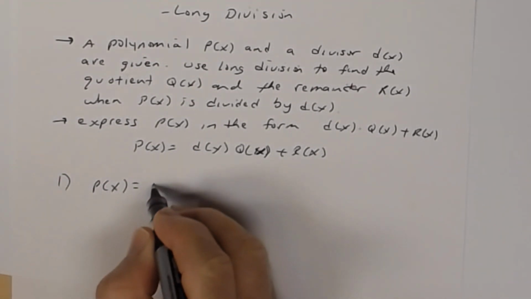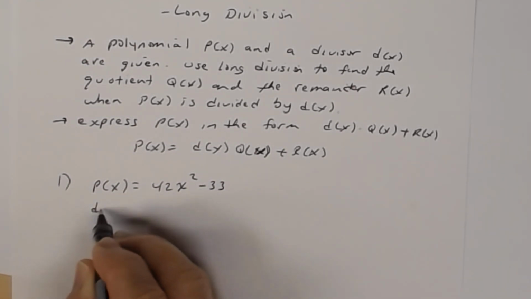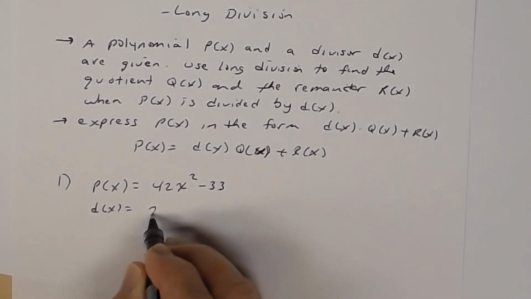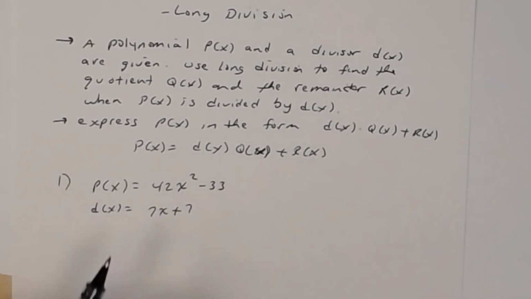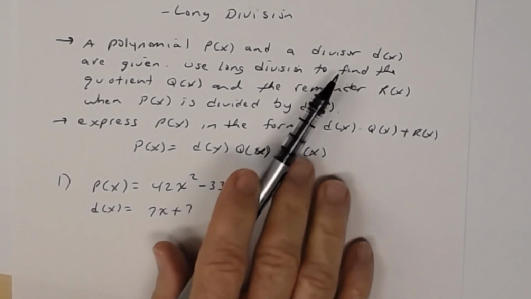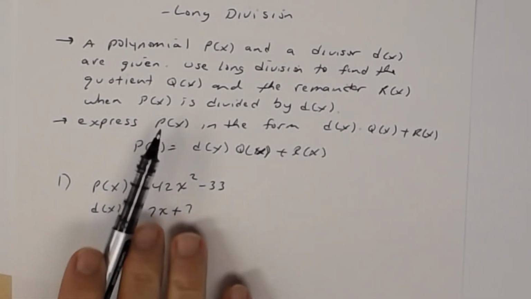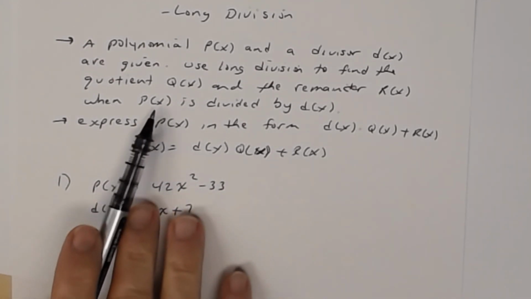It's 42x squared minus 33, and d of x is 7x plus 7. All right, so p of x is this right here, and d of x, which is your divisor, is this one. Now p of x would be your numerator.